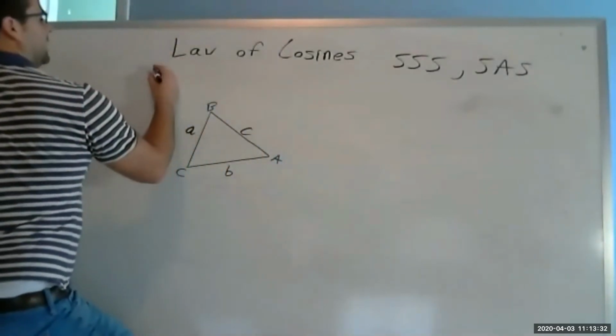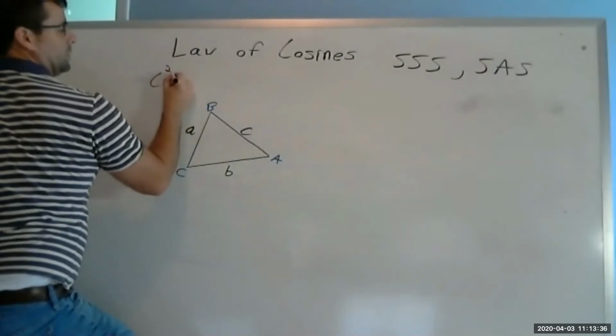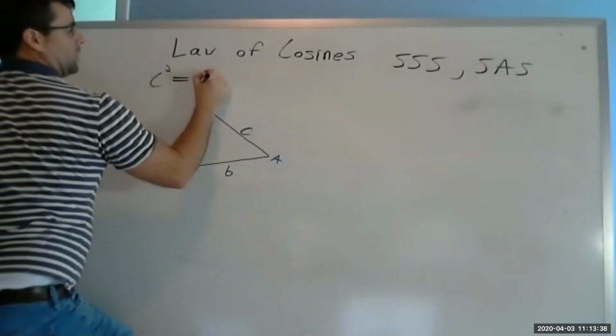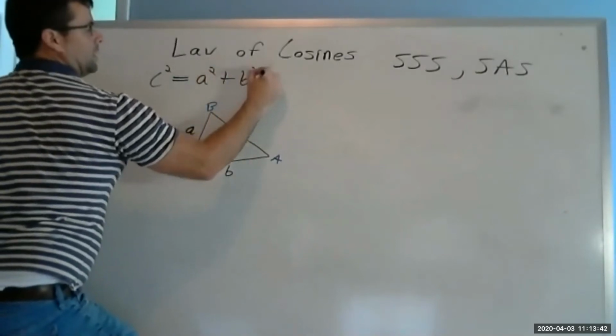It starts off like the law of sines says that C squared equals A squared plus B squared.